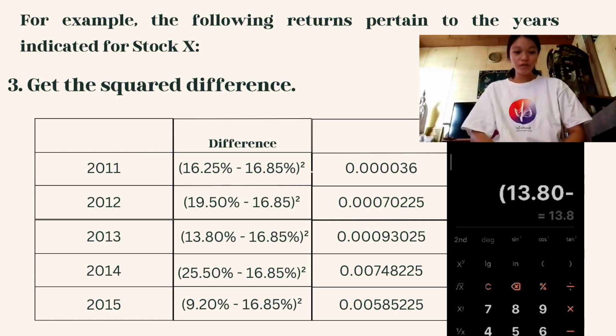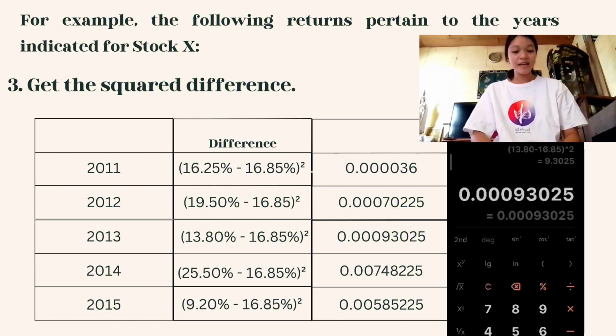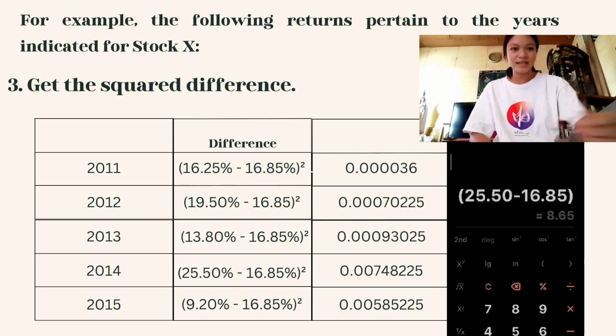So the square root of 0.00306 is equal to 0.05477, and that is the standard deviation of the return. So the standard deviation of the return of X is equal to 5.48%, moving two places to the right, and rounding off.